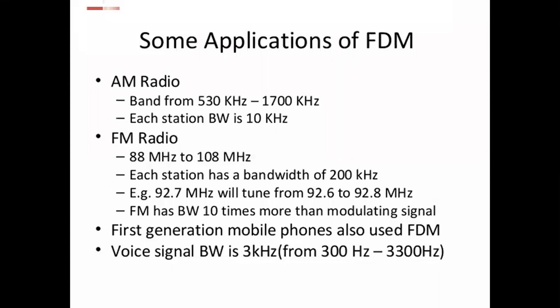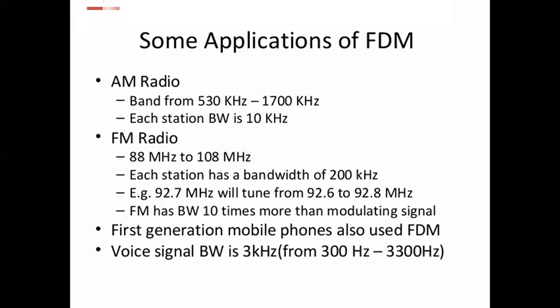The FM radio band is 88 to 108 megahertz, and each station has a bandwidth of 200 kilohertz. For example, 92.7 megahertz runs from 92.6 to 92.8 megahertz.